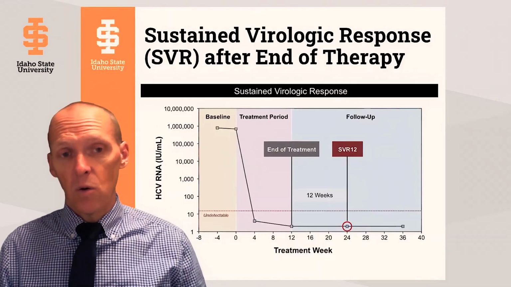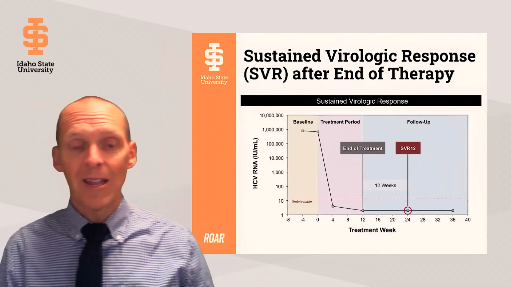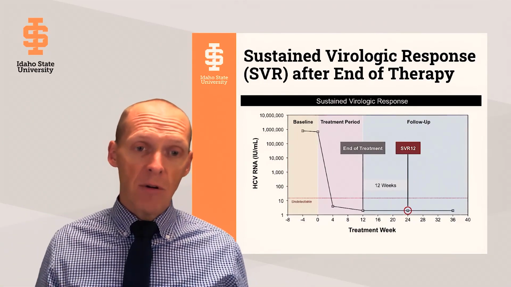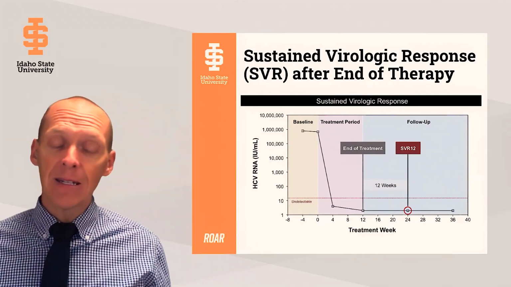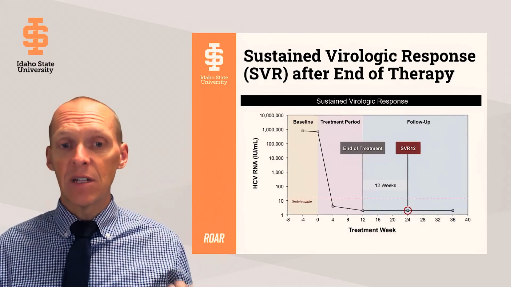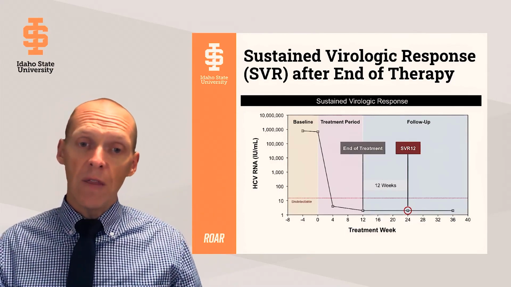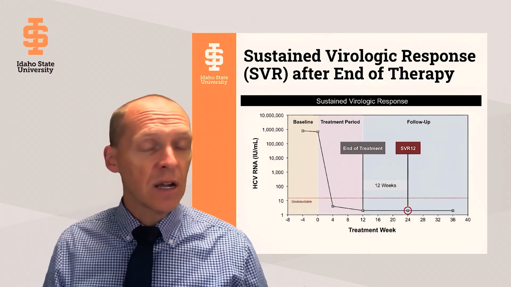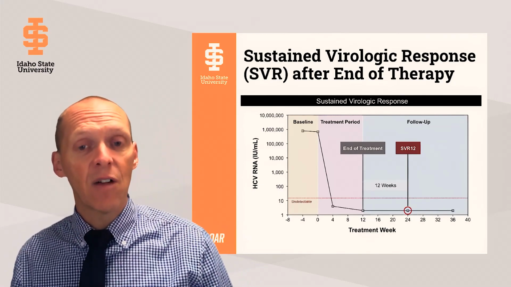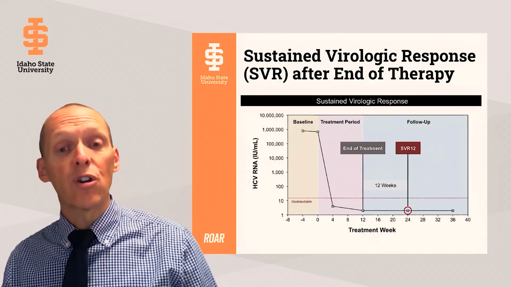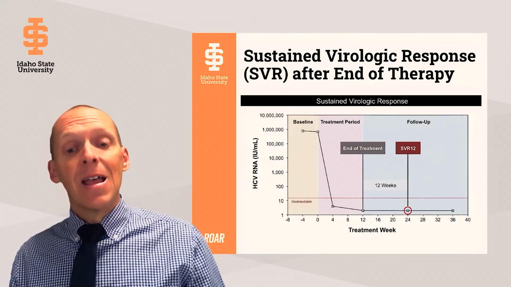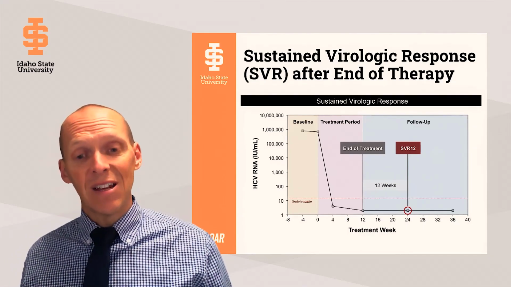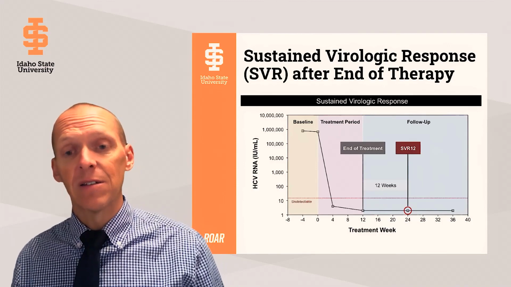Again, here is another pictorial of what this generally looks like. There is an arbitrary number of virus at baseline that somebody may have in their system. They initiate therapy. Within days to weeks, that virus is no longer detectable in the blood. Then after 8 to 12 weeks, at the end of treatment, that virus is still undetectable.